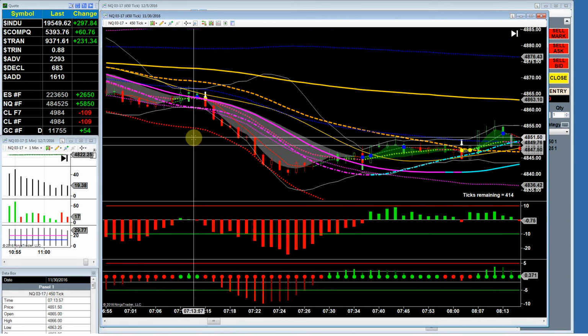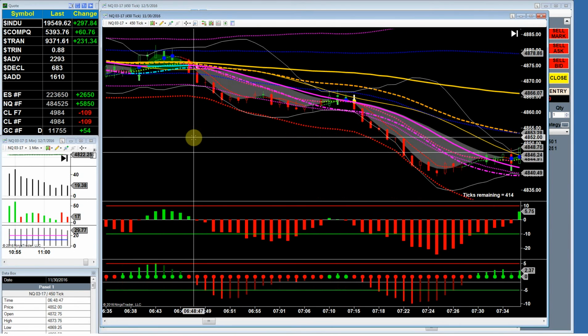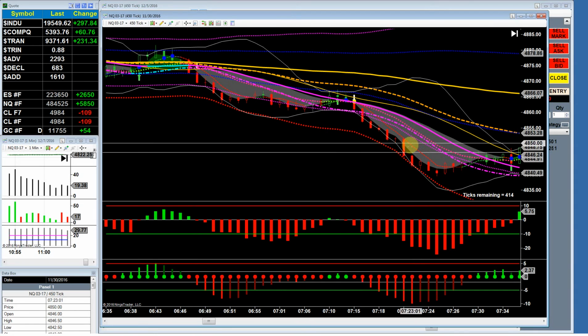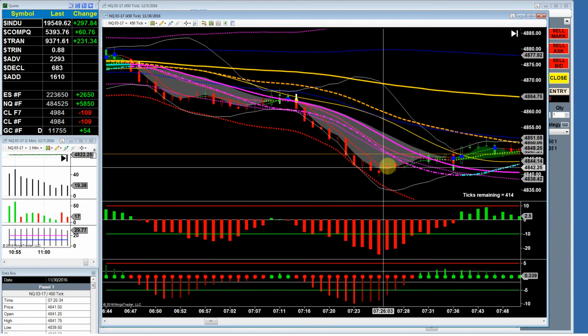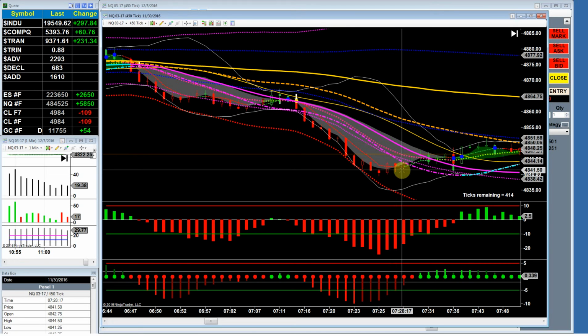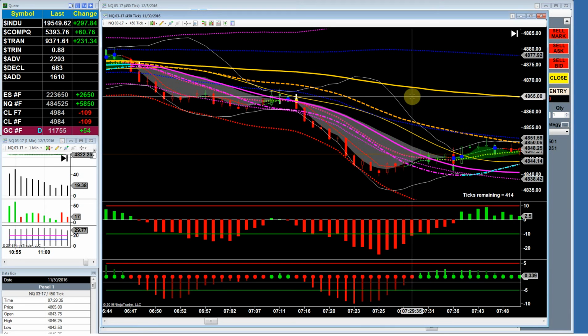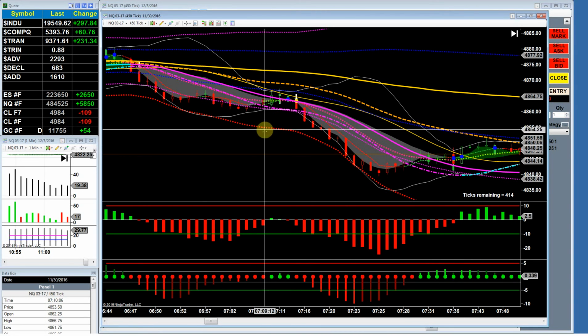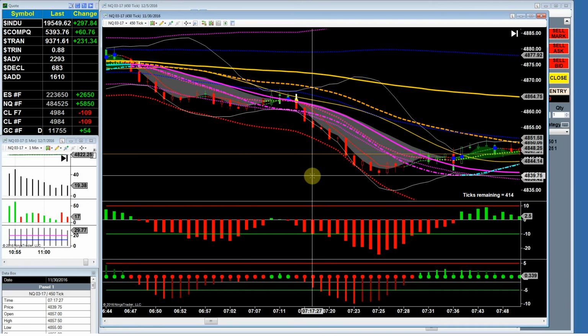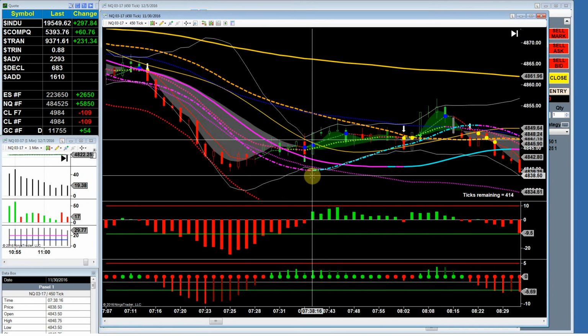I can tell automatically this area here has a date with destiny of retracing at least up to this gold line again, wherever that'll be when it gets up there, and potentially the blue line, because this is a very extreme washout move on this red level here. Now let's see what happens. I'll just forward it here.